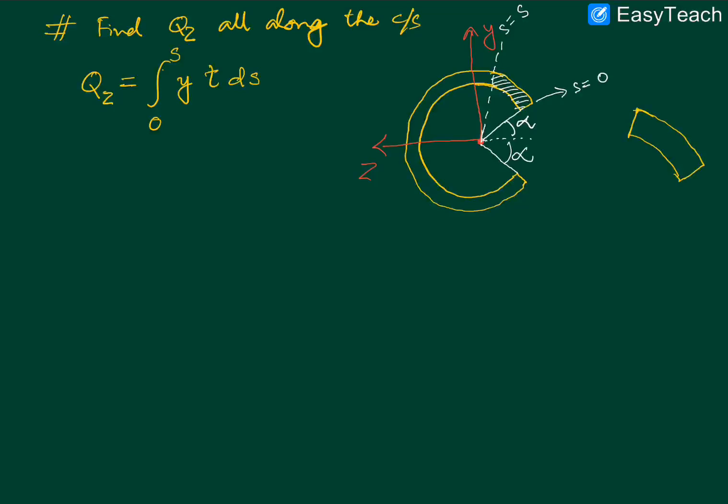And you understand that the different points lying along the thickness would, very strictly speaking, have different distances from the z-axis. So these different points would have different y coordinate values from the z-axis.